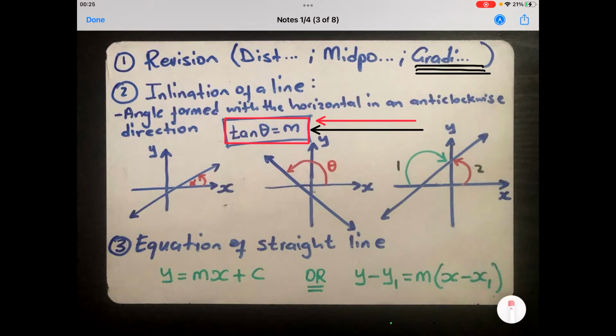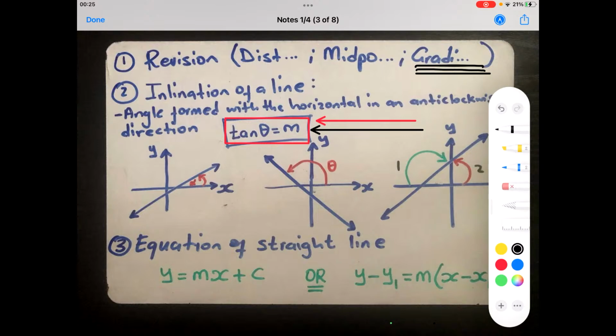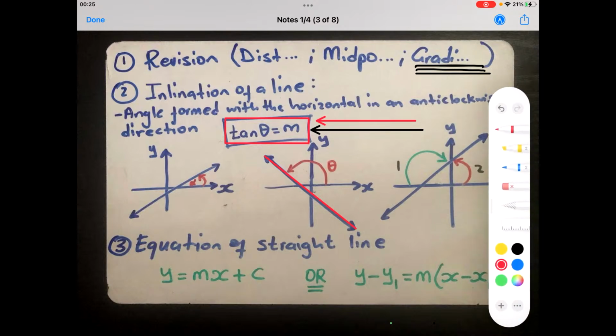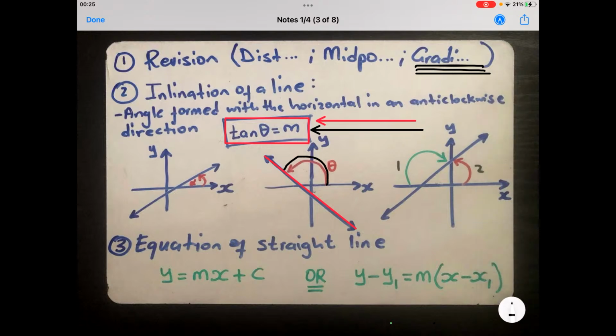An angle of inclination is that one there. You still use the same formula, which is tan of the angle is equal to the gradient.